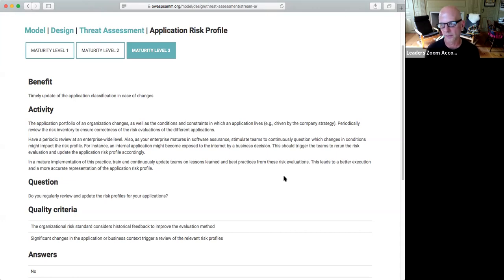So having that kind of recurring review of that system at some cadence, ideally annually or whatever is appropriate for your organization, is definitely an important thing to do. So, thoughts, comments on application risk profile?